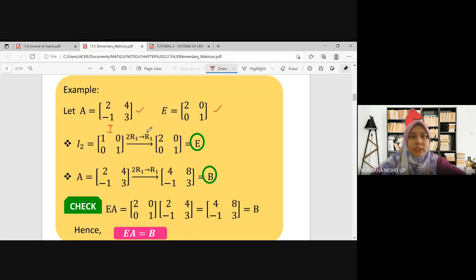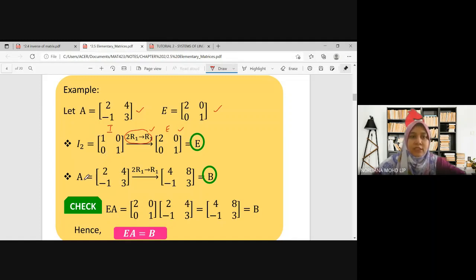We use the operation 2 row 1 transform into row 1 in order to get this elementary matrix. So, you akan fikir operation apa yang digunakan supaya identity ni jadikan elementary matrix. Gunakan operation ni lah, 2 row 1 transform into row 1.